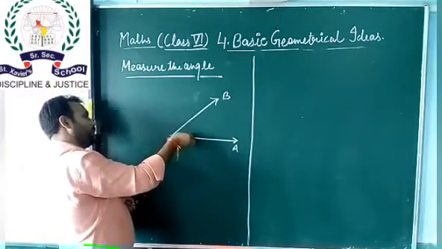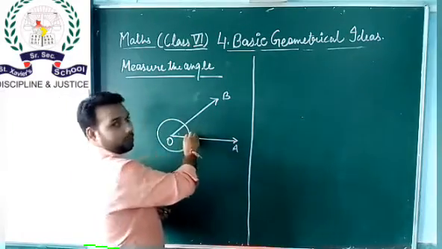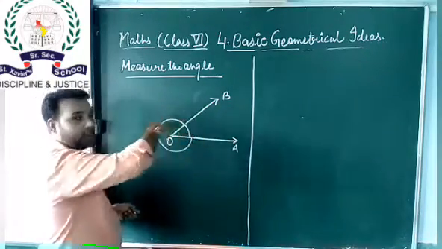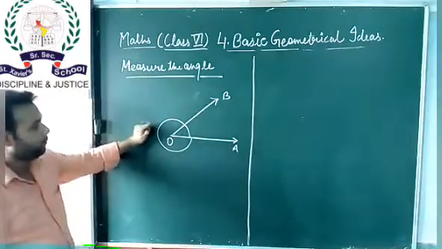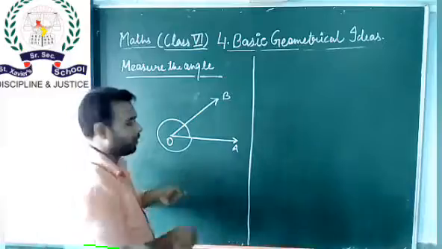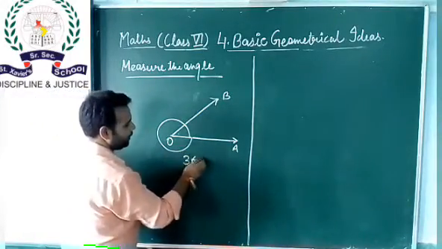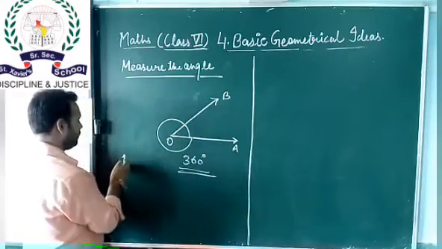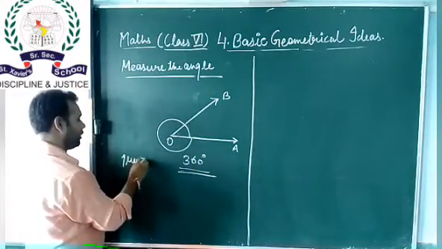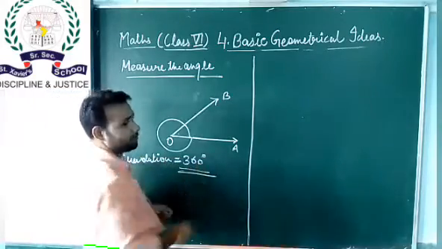Then you have to turn anti-clockwise and make a circle. It means you have to complete 360 degrees. One revolution is equal to 360 degrees.